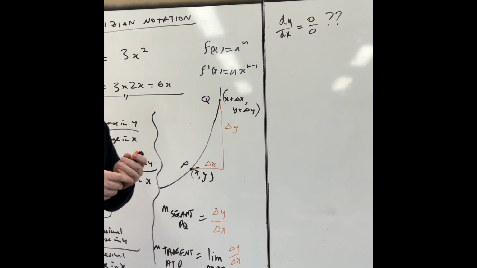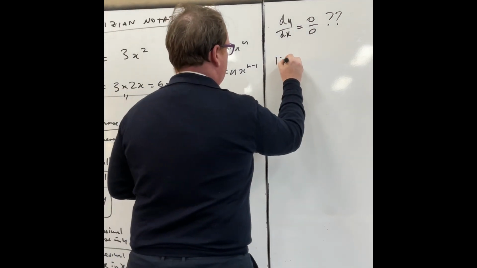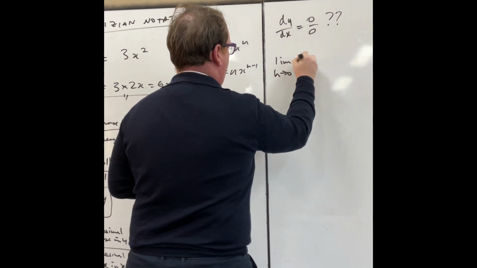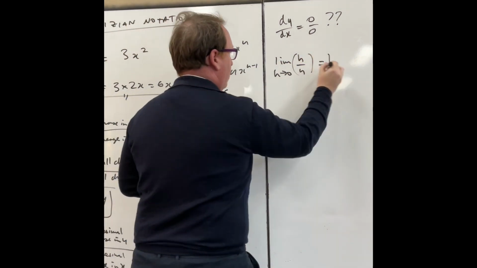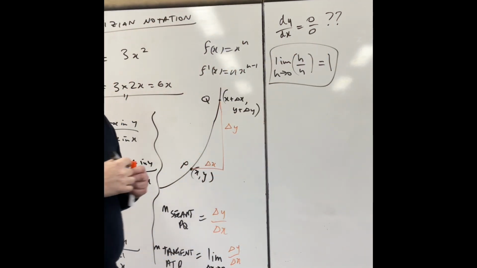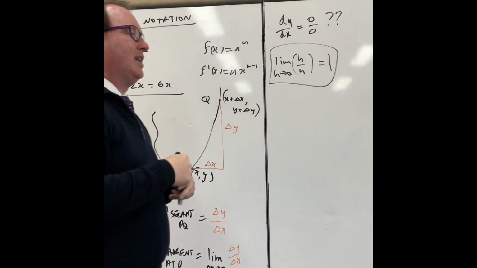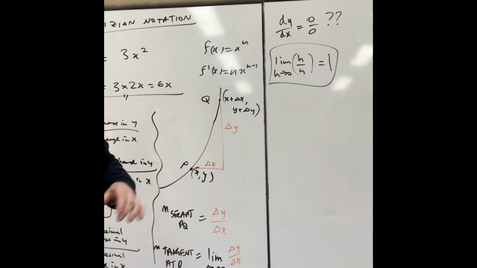You were happy enough to agree that the limit as h approaches 0 of h over h is what, Alex? 1. You were happy enough to agree that while 0 over 0 is not defined, the limit as h approaches 0 of h over h is fair enough 1.